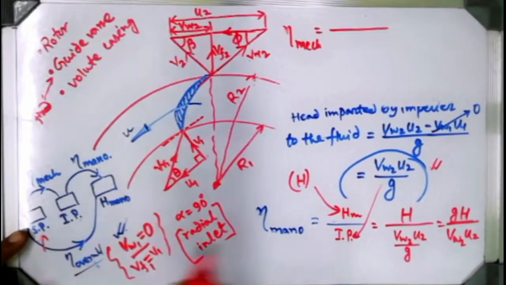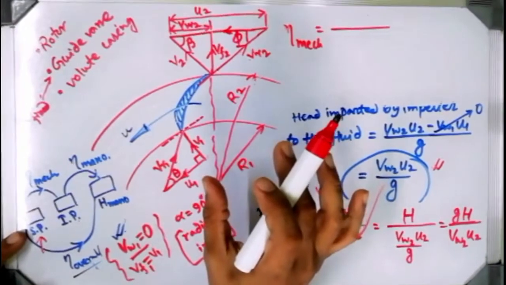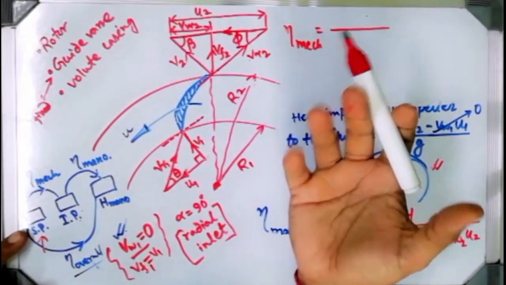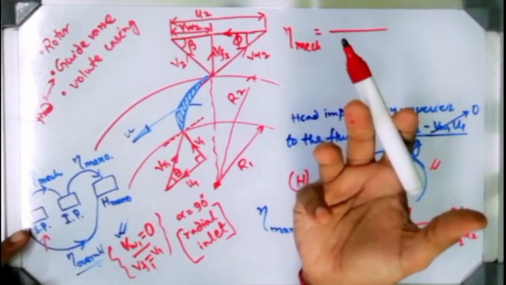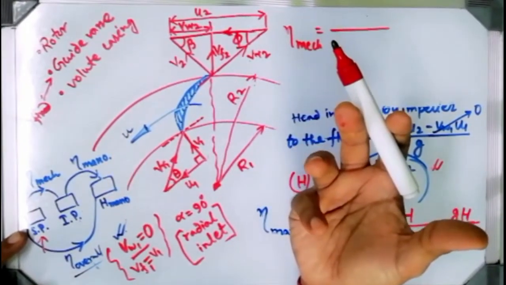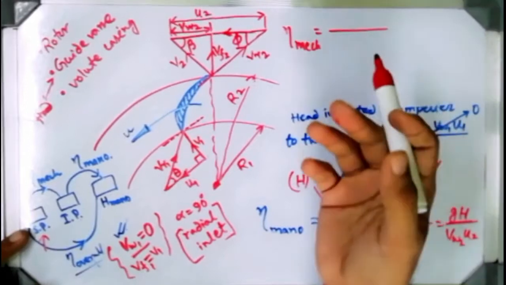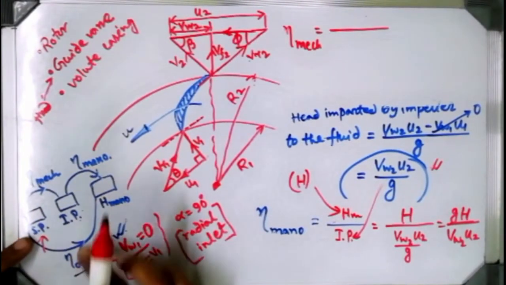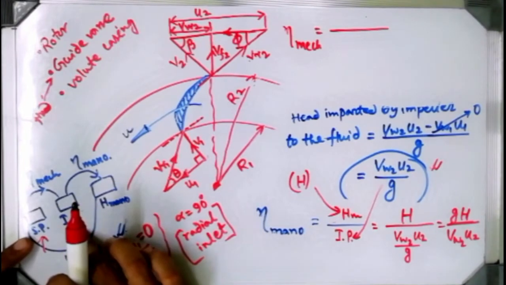Shaft power means the power supplied by some pump or by some electrical motor or by some IC engine, whatever it may be. It may be a turbine also. So the power you have supplied from outside is your shaft power. That is the input, and output is the impeller power in case of mechanical efficiency.